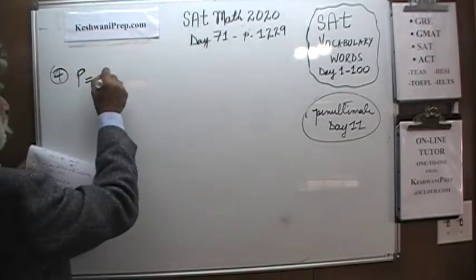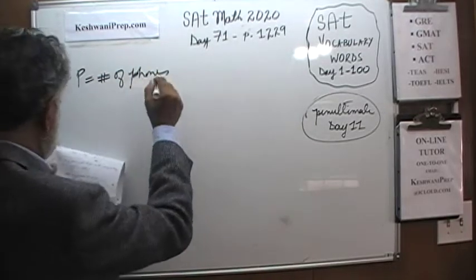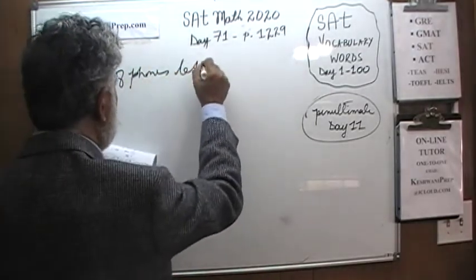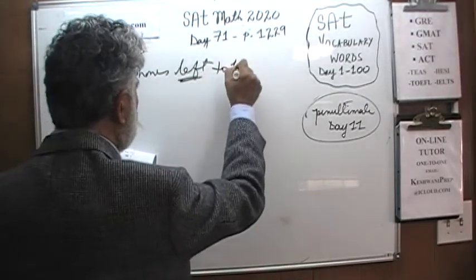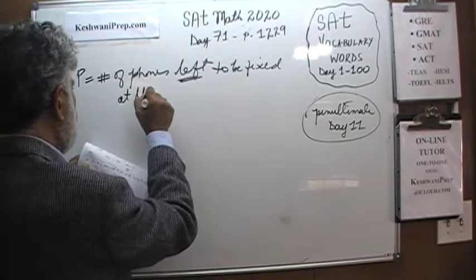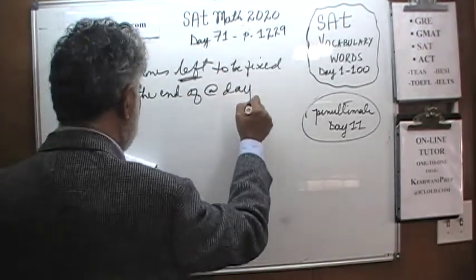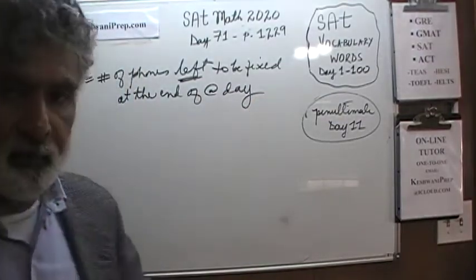P, we are told, is equal to number of phones left to be fixed at the end of each day. So we have this lady whose business it is to fix phones.